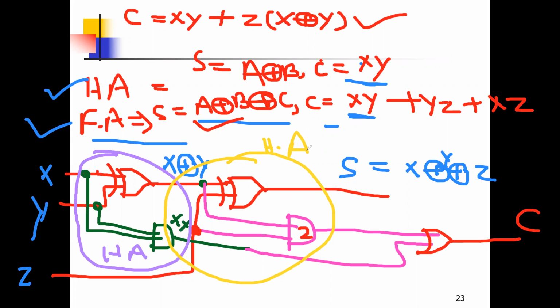Then again, for full subtractor circuit, you require 2 half subtractors. It will be the same as I explained, but you have to design the full subtractor circuit with half subtractor.